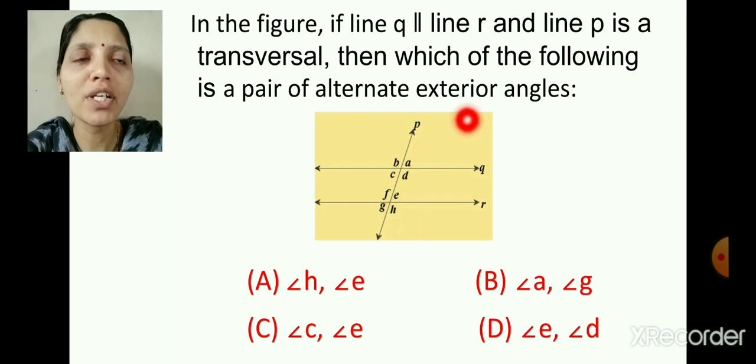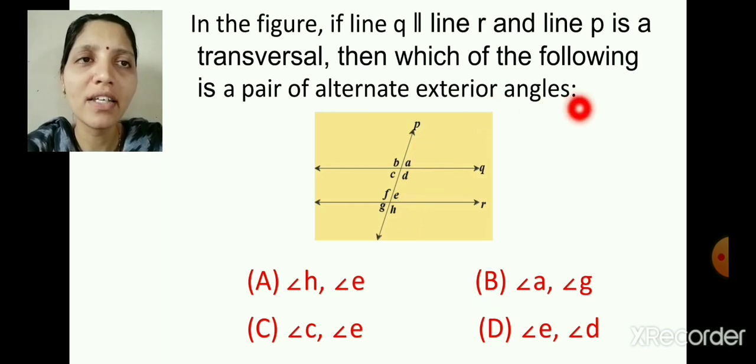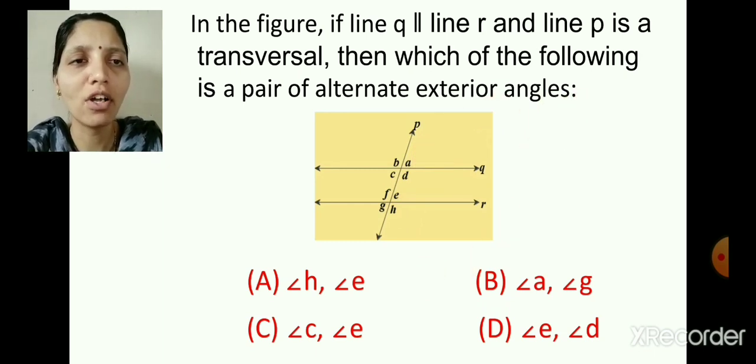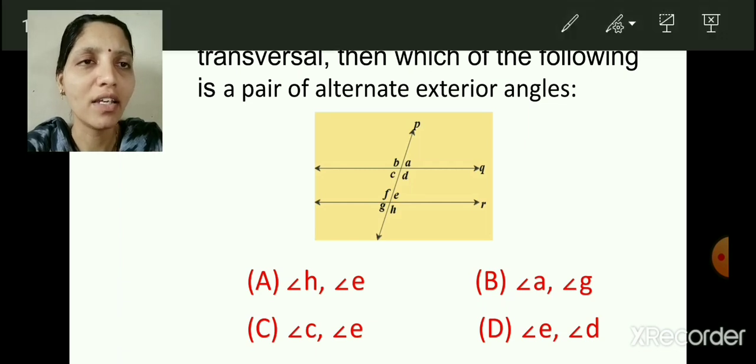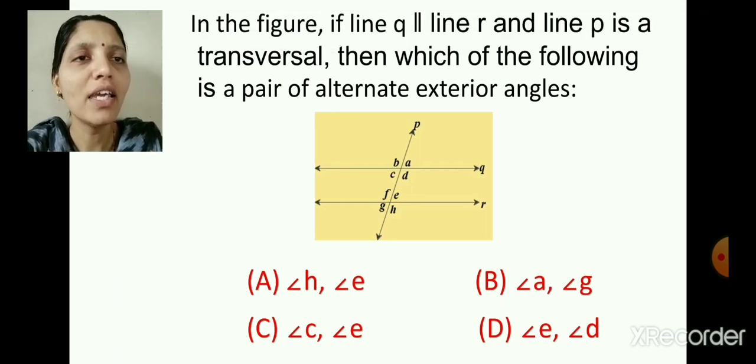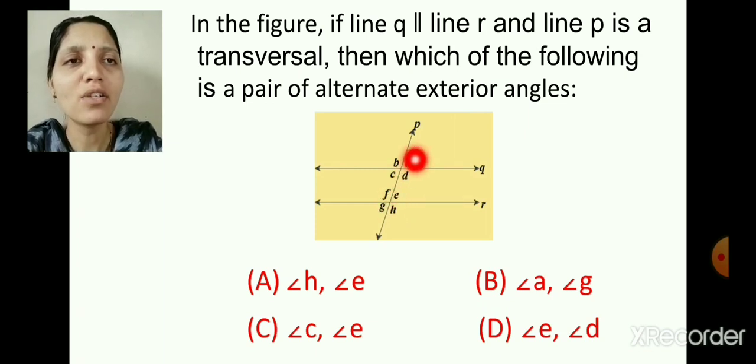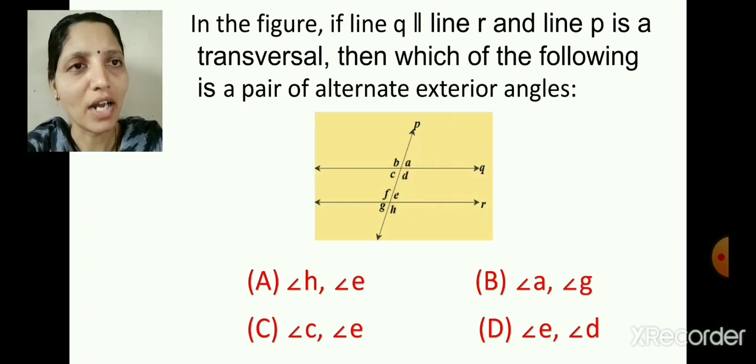And what is asked of you? Alternate exterior angles. So this will not be your answer. Then what is the last option? Angle E and angle D. These are interior angles on the same side of the transversal. So this is also not the correct option.